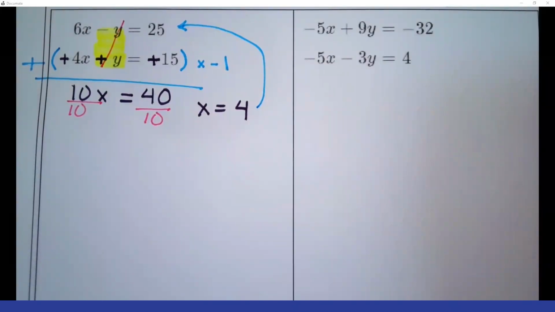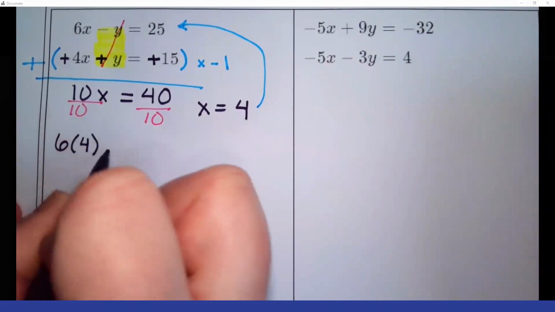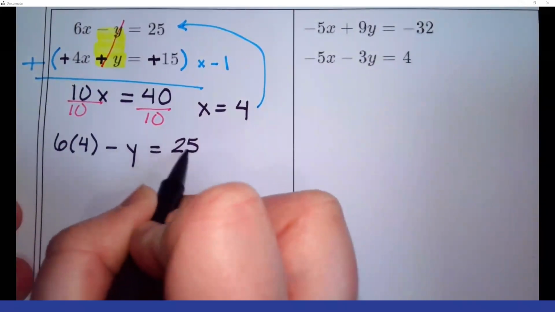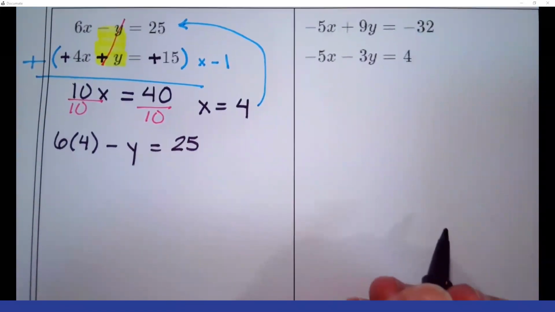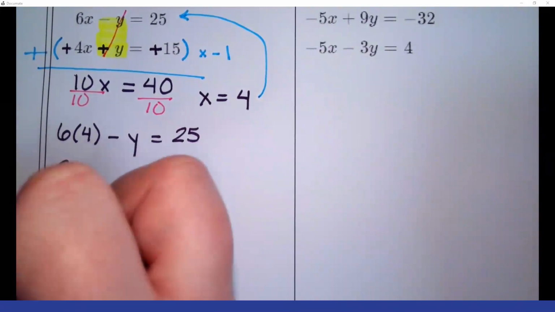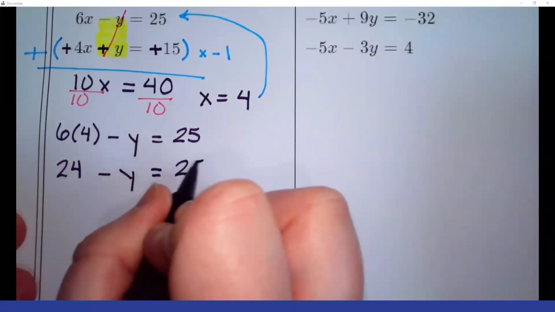At least you don't have to, but that's kind of my rule of thumb to make sure I'm plugging it back into an original, is plugging it back into one that was left alone. So we have 6 times 4 minus y is equal to 25. 6 times 4 is 24. Minus y is equal to 25.